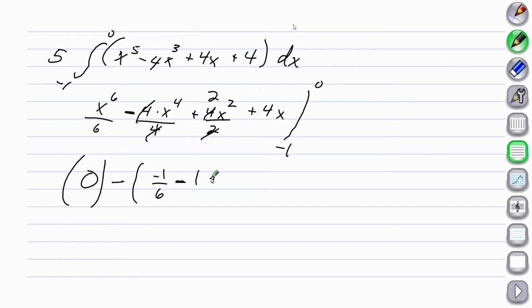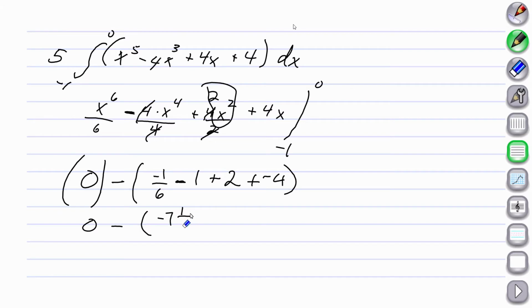Okay, plus this is now 2x squared. So -1 squared is 1 times 2 is 2. Plus 4 times -1 is -4. All right. So we're out of all these negatives. That's a -7 and 1/6. These are all negative.